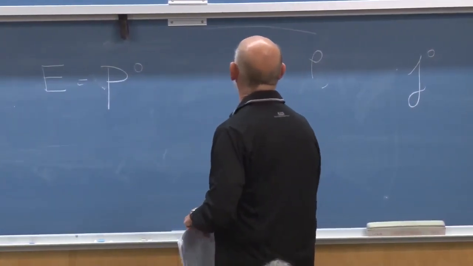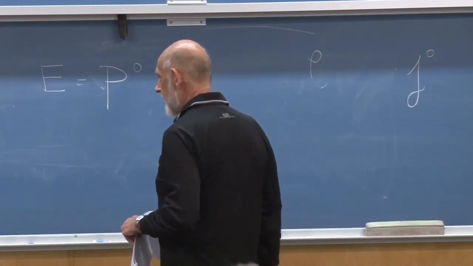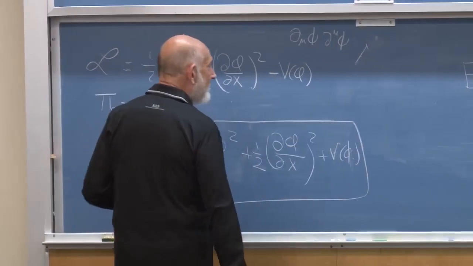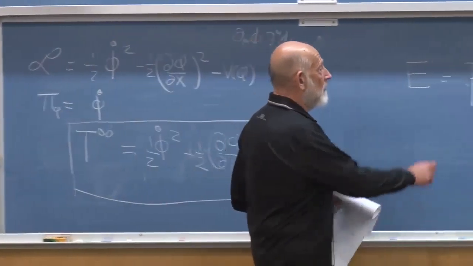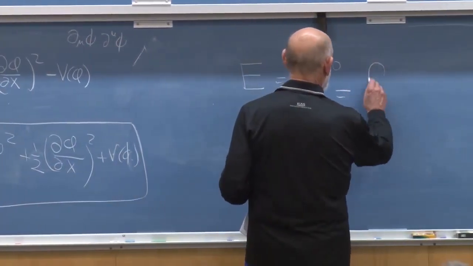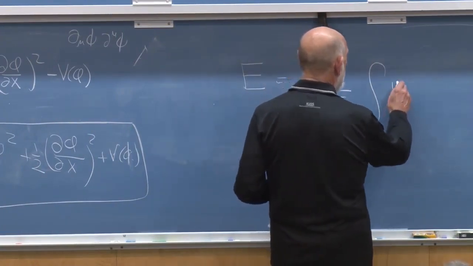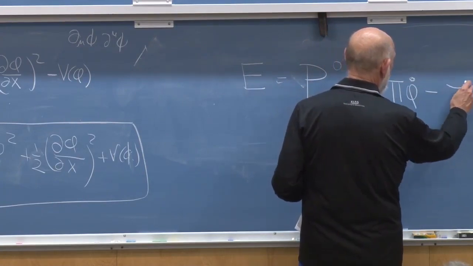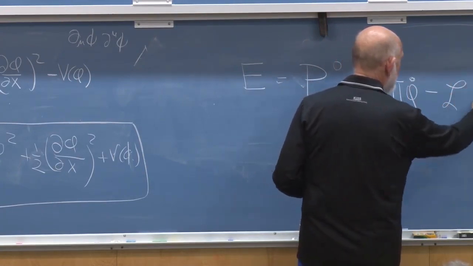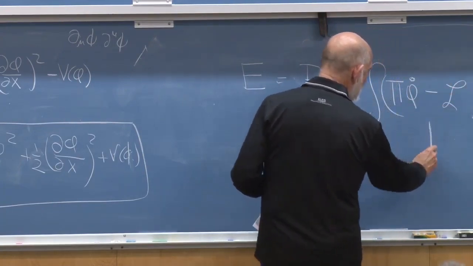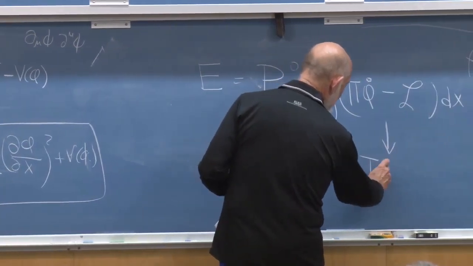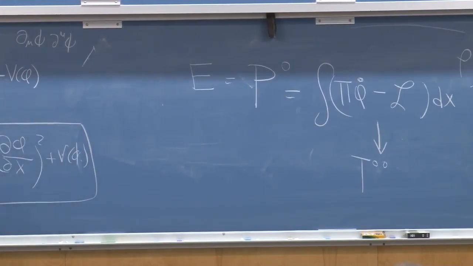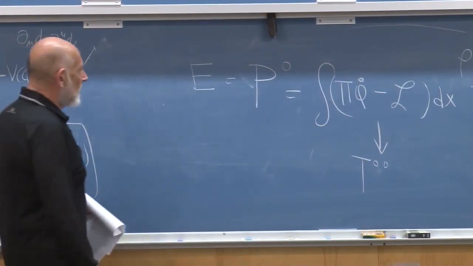Okay, so in the case of the energy, being the first component of that 4-vector, and it being a density, remember that it is equal to the integral of pi phi dot minus L. So the thing in the bracket here is the density. That's the energy density. Right. Very good.